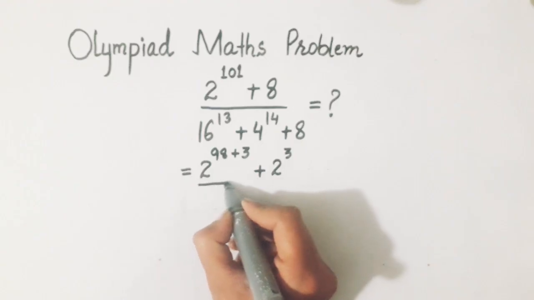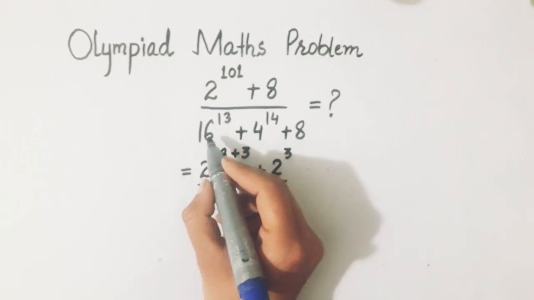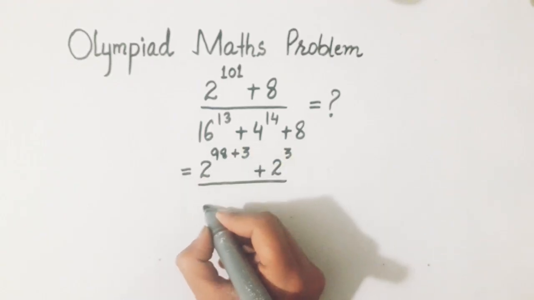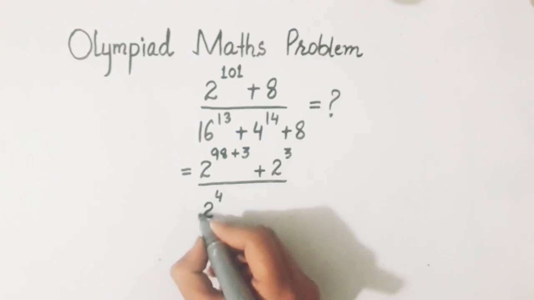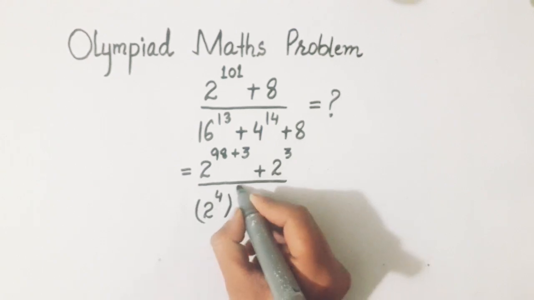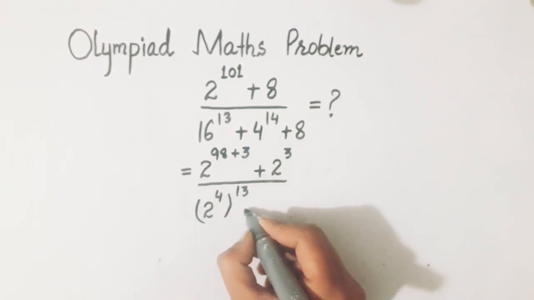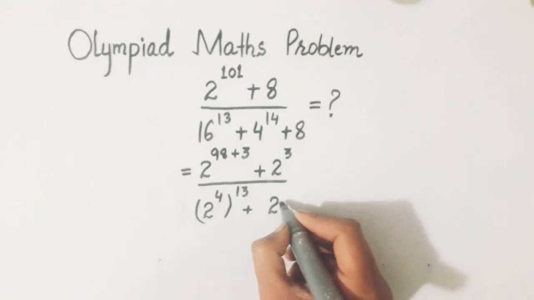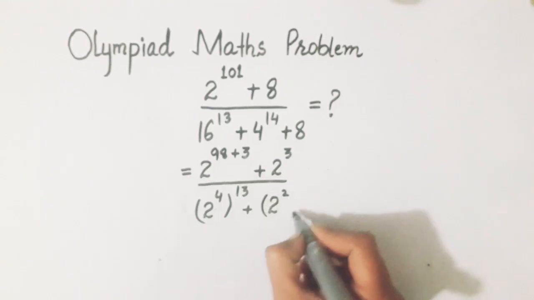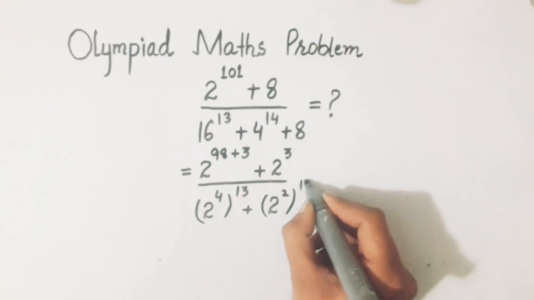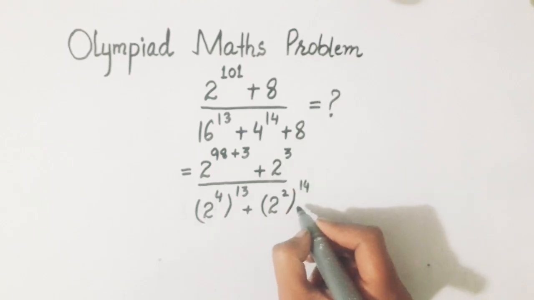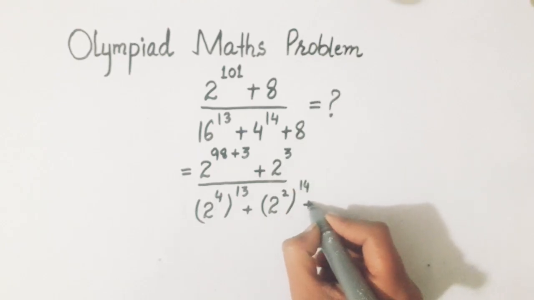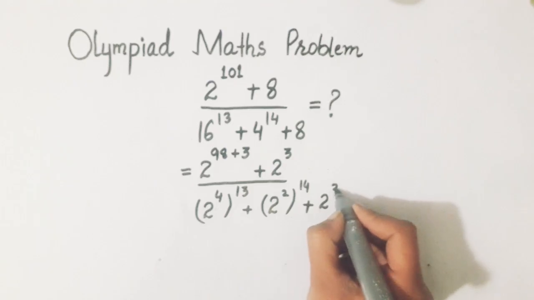Then 16 can be written as 2 raised to power 4 and the whole power is 13, plus 4 can be written as 2 raised to power 2 and the whole power is 14, and plus 8 can be written as 2 raised to power 3.